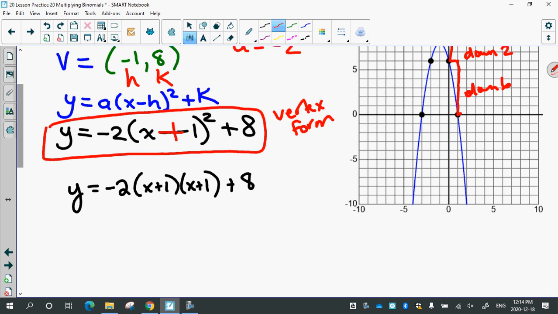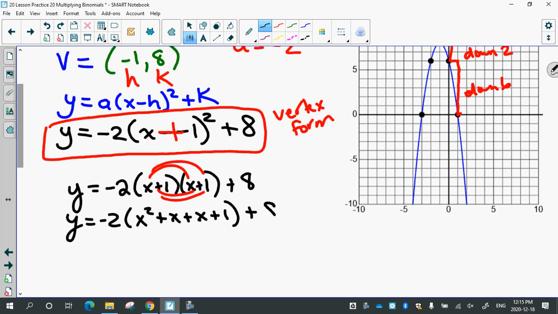And then do this FOIL. And then collect the middle terms.